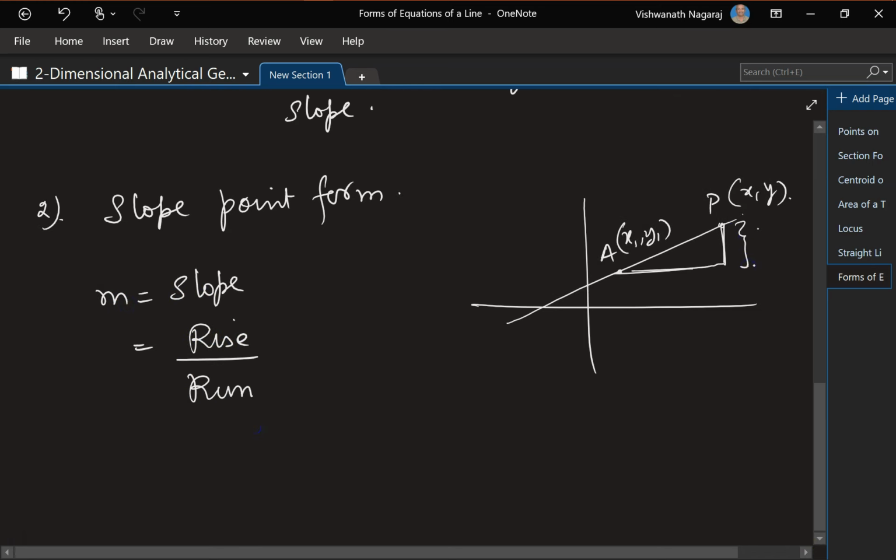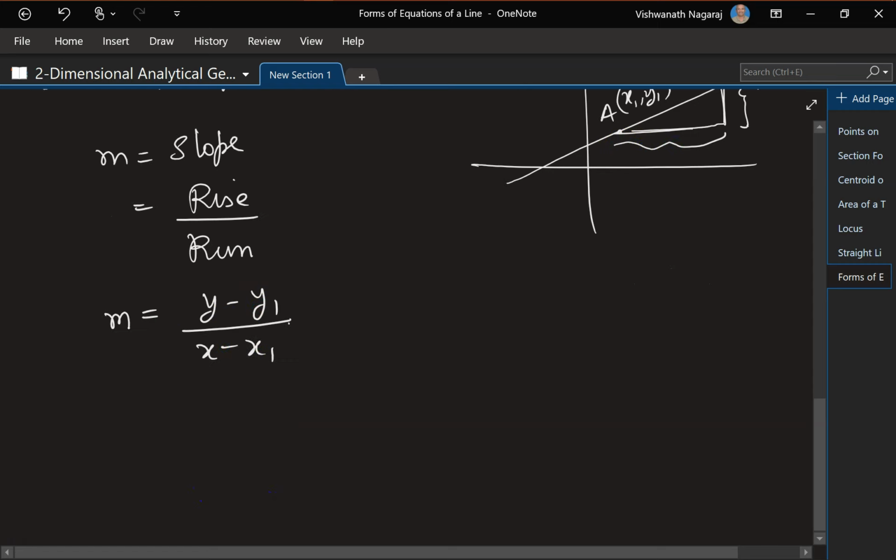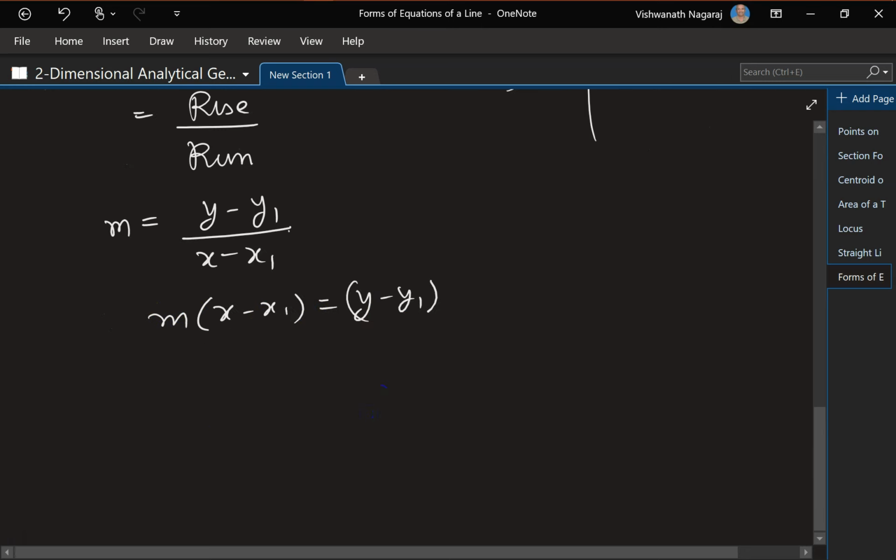This, and this is going to be y minus y1. Run is this, so this would be x minus x1. Okay, so now let's do cross multiplication. So m times x minus x1 equal to y minus y1. So this is called the point slope form.